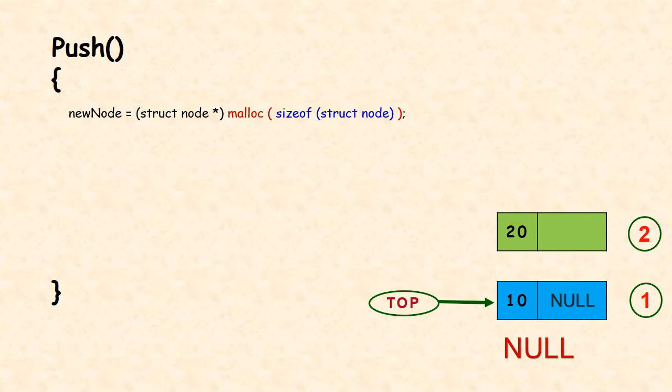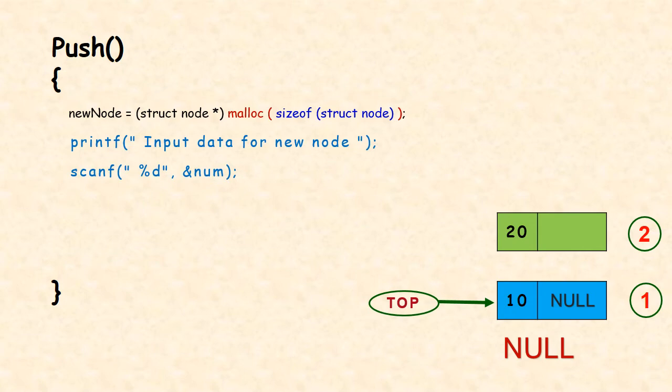I want to place 20 into data part. For that, I used a scanf statement to read a value, and that value num will be placed into data part of the node. New node data is equal to num. What should I do next? The same way as I have done previously, I have to place address of the previous node into the next part here.